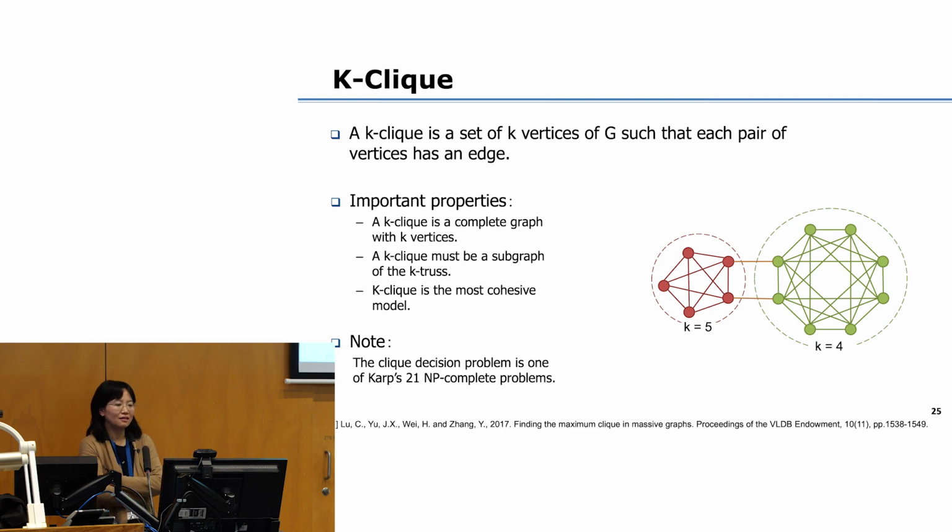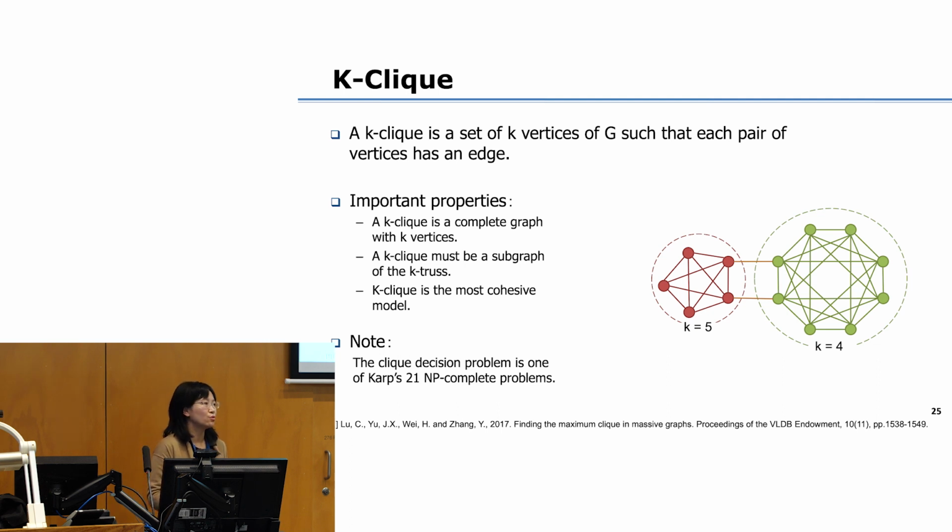And K-clique should be the most fundamental one. K-clique is basically a group of K vertices such that each pair of the vertices is connected. This is the most cohesive. If we allow at most one edge between two vertices, and we don't allow multiple edges between two vertices, then this is the highest requirement on the density or cohesiveness of a subgraph.